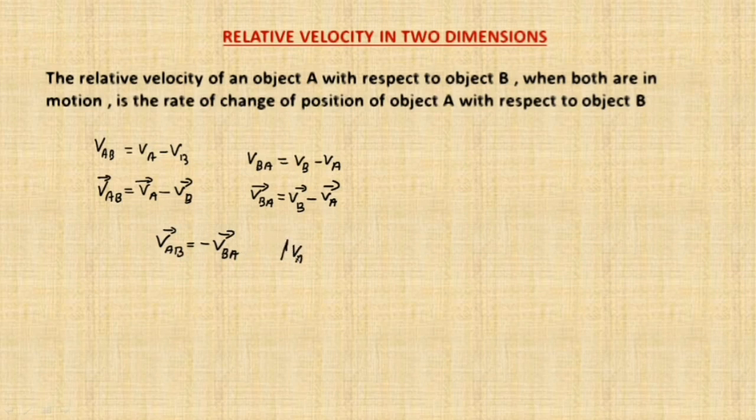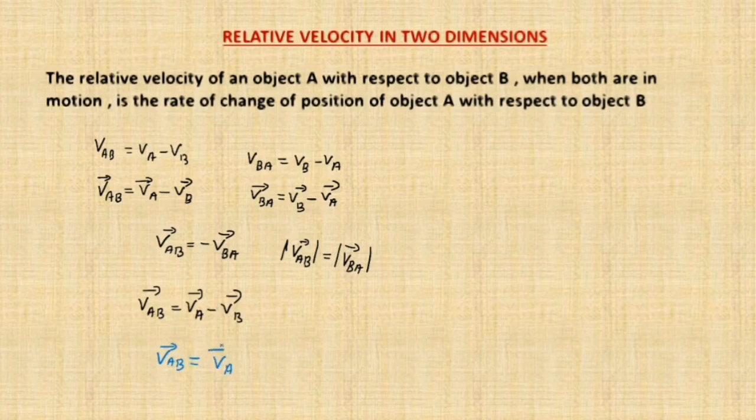Also we can prove that the magnitude of VAB vector is equal to the magnitude of VBA vector. The relative velocity VAB vector we can write as VA vector minus VB vector. The same formula we can write as VAB vector is equal to VA vector plus minus of VB vector.